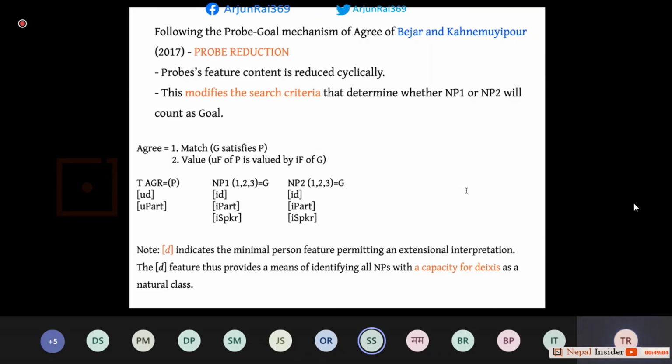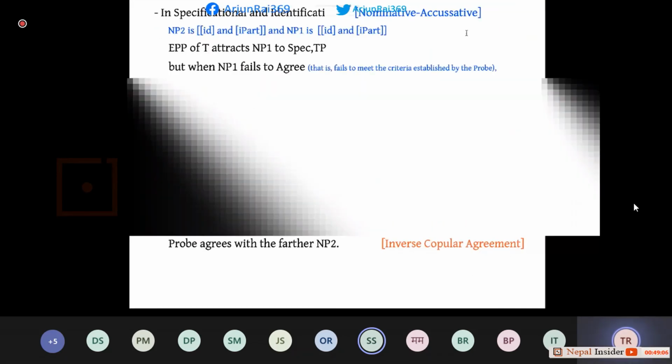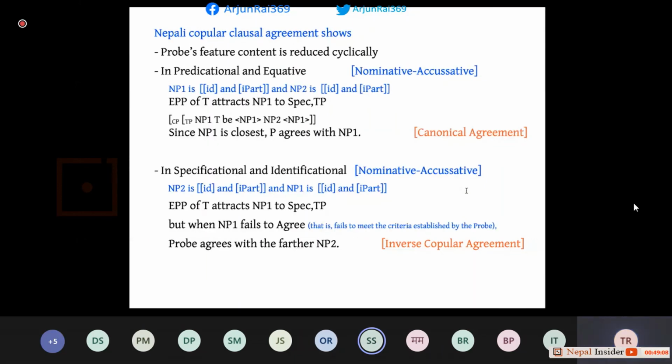Now, what happens in this mechanism in Nepali is that in copular clauses the agreement with probe features is reduced. In predicational and equative, which are in nominative and accusative, NP1 has got these features and NP2 has got similar features with these values.